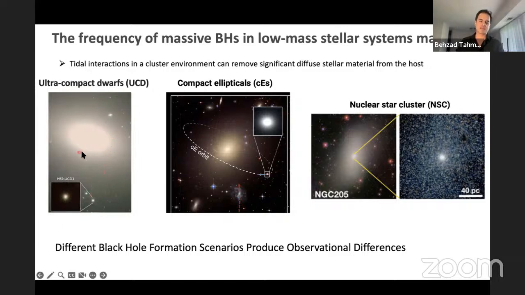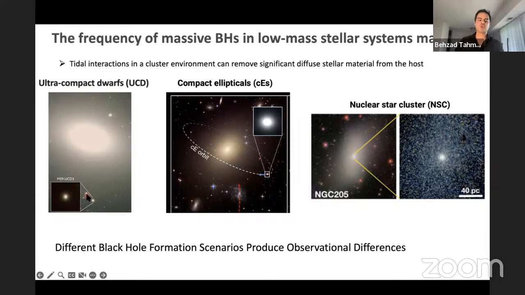For example, this is the host galaxy, and this is the UCD around the host galaxy. The effective radius is around 10 parsecs to 100 parsecs, and they are slightly more massive than Virgo clusters.